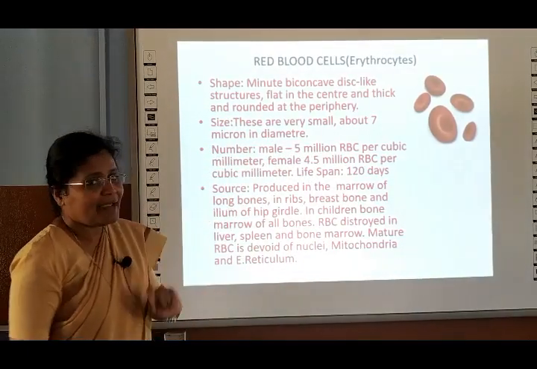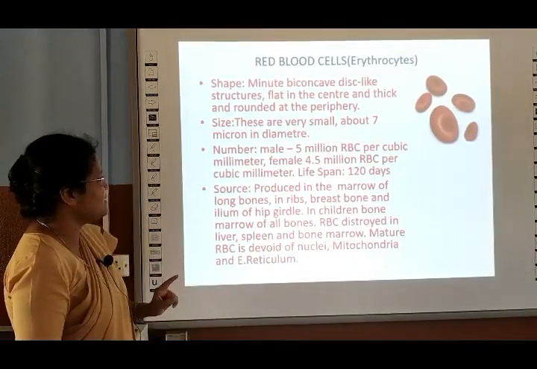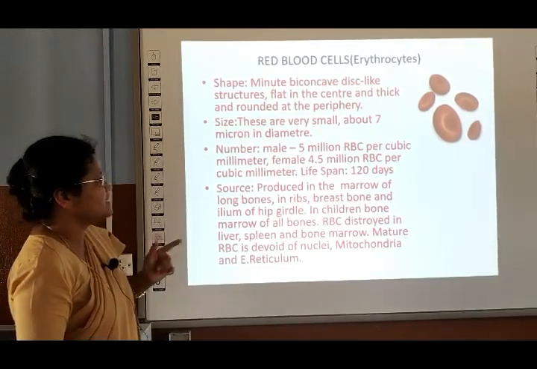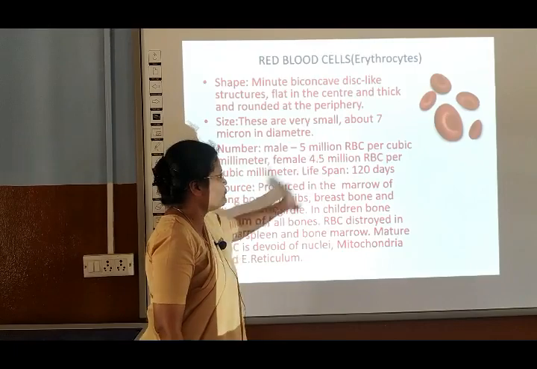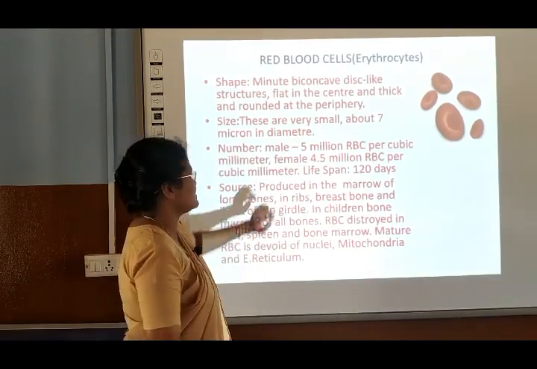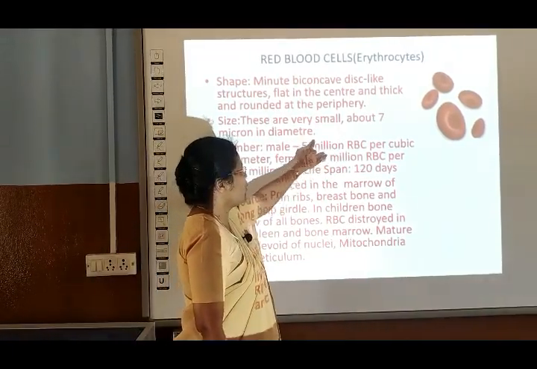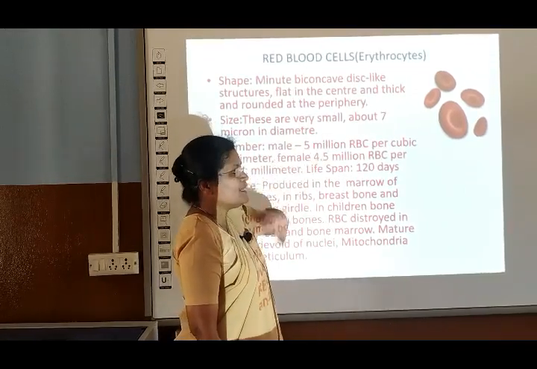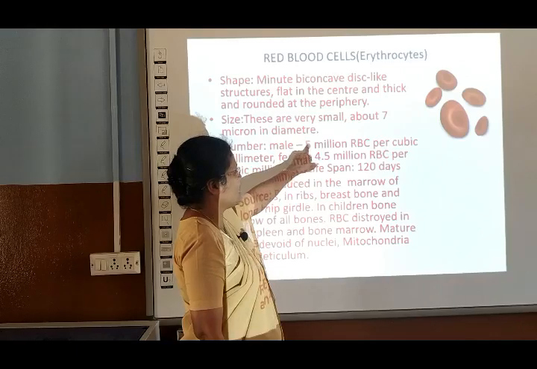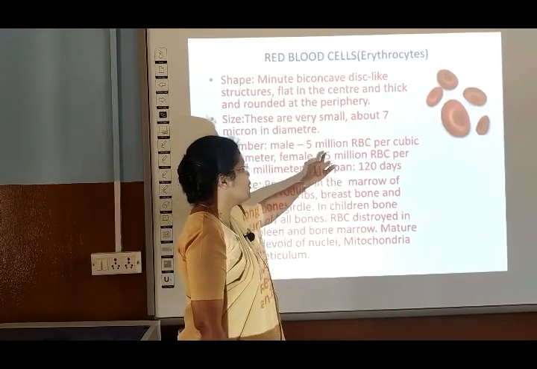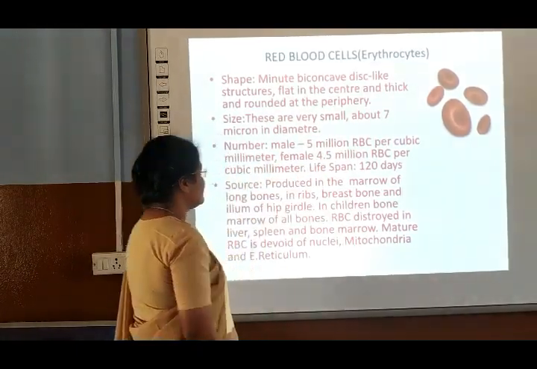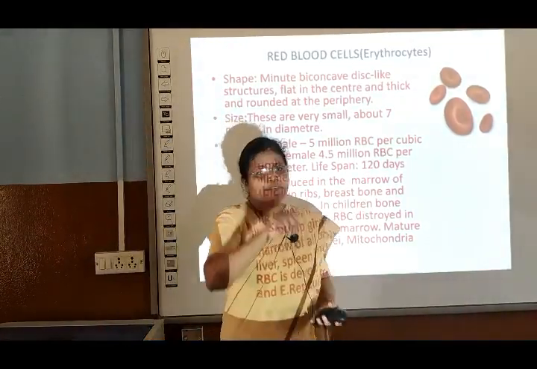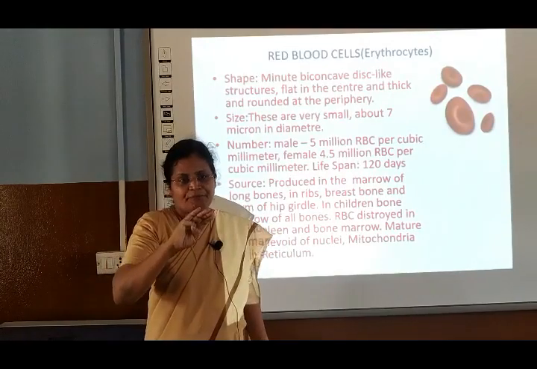Then the number: in male it is 5 million RBC per cubic millimeter, whereas in female it's 4.5. Sometimes in some books it will tell you 5.4 in male and 4.5 in female. Remember, the unit is million per cubic millimeter, which is very important because they are counted on the basis of one square.